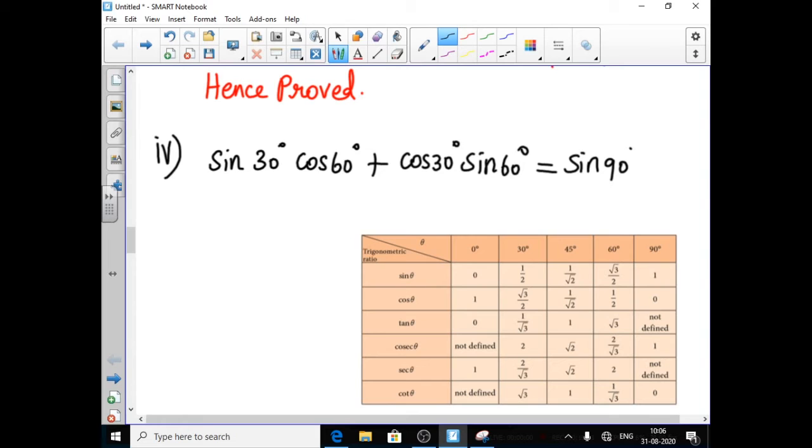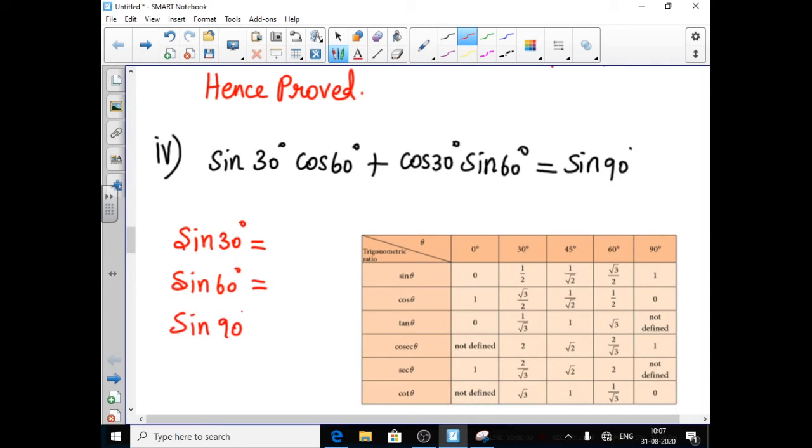Before that, we want to write all the values, so sine 30 and cos 60 and everything. Okay, first we can write the sine values. So sine 30 degree, sine 60 degree and sine 90 degree.